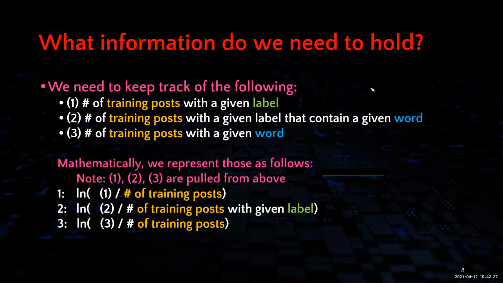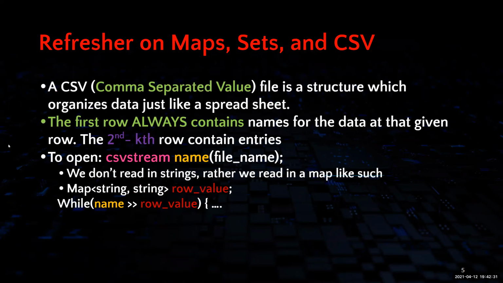Let's go back to this real quick. Whenever you read in a row from a CSV file, you can basically say num posts plus plus. So each post is going to be one line on a CSV file, and that's reflected by just having a tag or the label and then some content or the post.